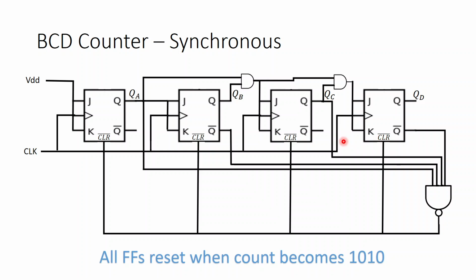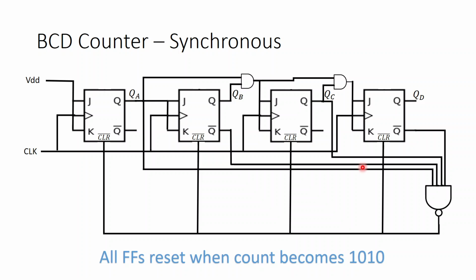So what would happen then? When you have the signal 1001 at the output, you are forming a 0-1 situation at the JK inputs of all the flip-flops. So at the next clock cycle, this 0-1 will trigger all the flip-flops to become 0, and then the counting will start again from 0000.